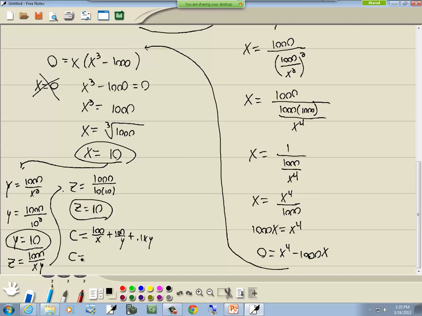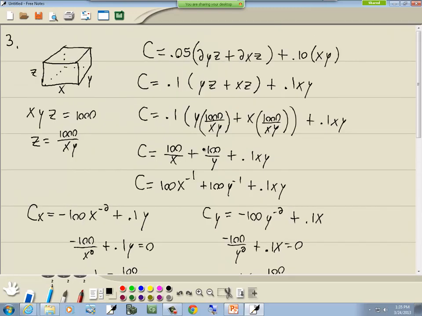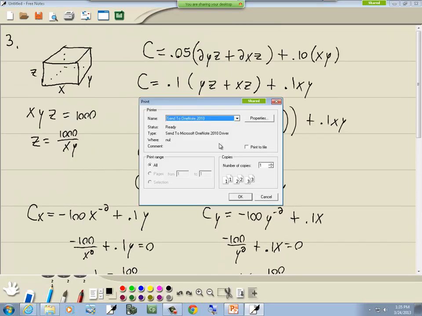So if we put that in there, we've got 100 over 10 plus 100 over 10 plus 0.1 times 10 times 10. Just plugging in our x and y values. Which gives us 10 plus 10 plus 10, which gives us $30. And that would be everything they're asking for.